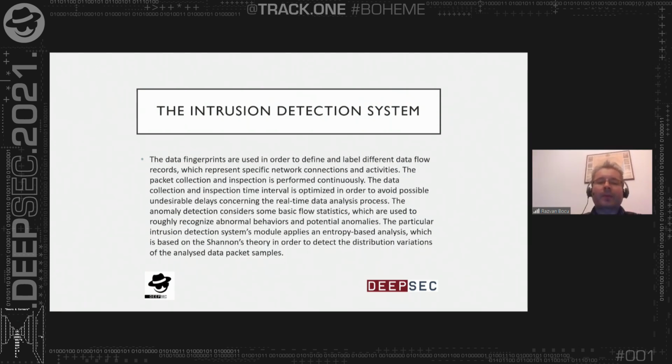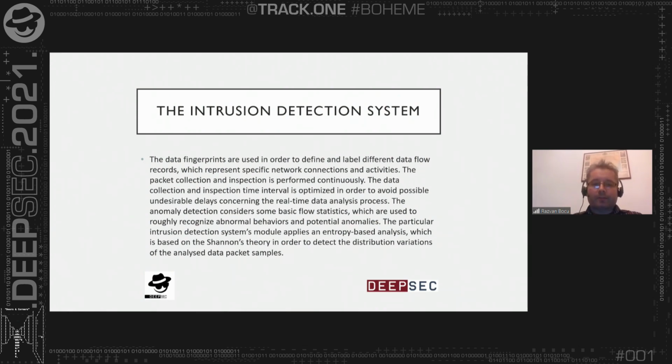These data fingerprints are used in order to basically label various data flow records that designate and represent specific network connections and activities. The packet collection and inspection is performed in a continuous fashion, and this practically continuous fashion is determined by a data collection and inspection interval that is optimized in order to avoid possible delays that are not desired, certainly.